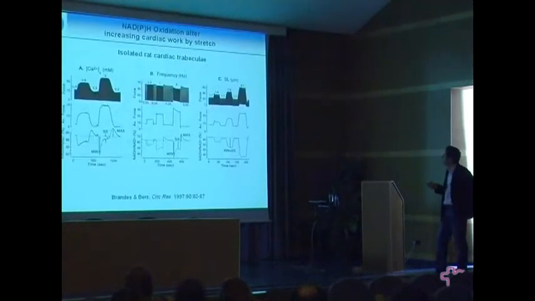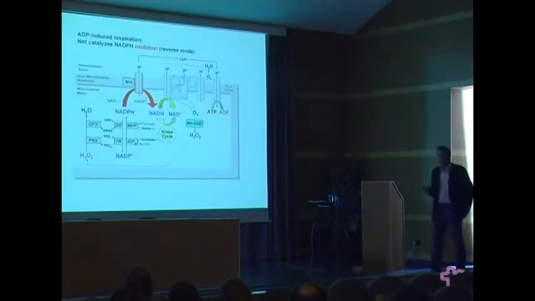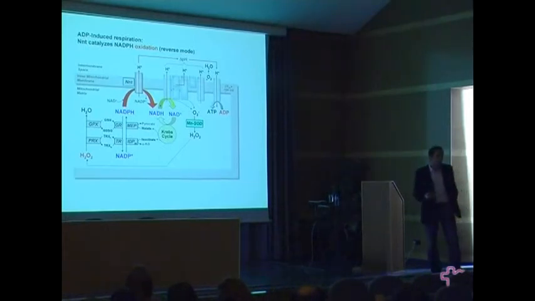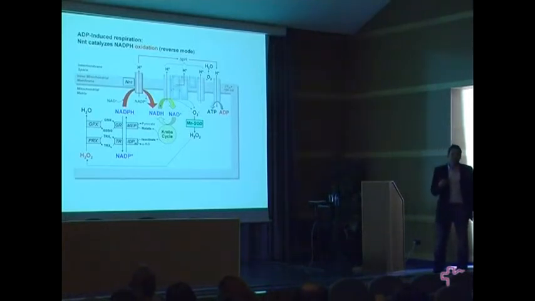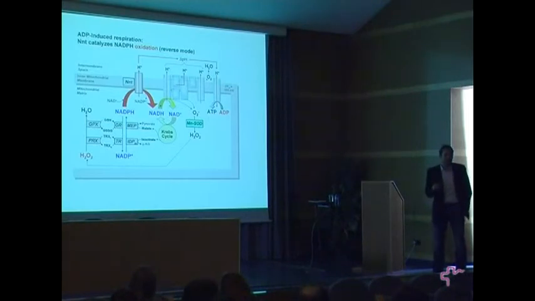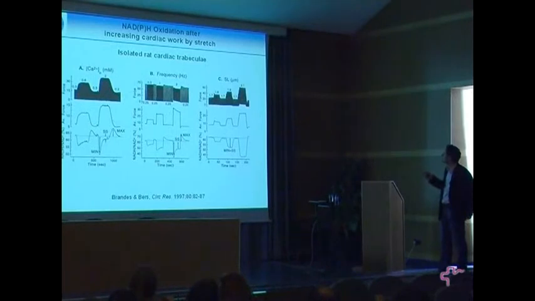So what is a situation in vivo where you have an isolated increase in workload? Well, it's maybe difficult to get something like that in real nature, but experimentally it's been shown already by Brandes and Bers that when you increase the sarcomere length of a trabecula, this leads to an oxidation of NADH.